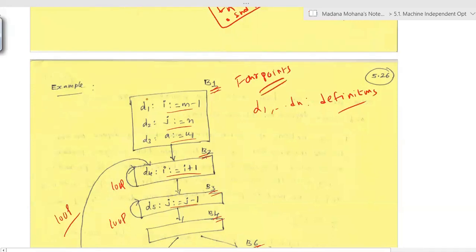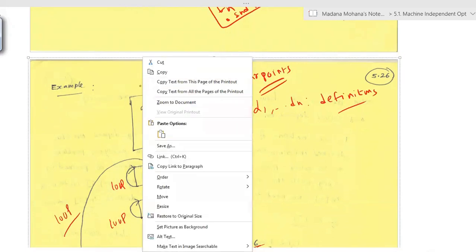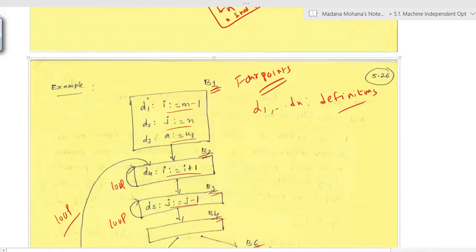Before the first statement, what you get is point 1. Then for every statement you take point 2, point 3, then point 4. So a total of 4 points occur for basic block 1 in this flow graph.